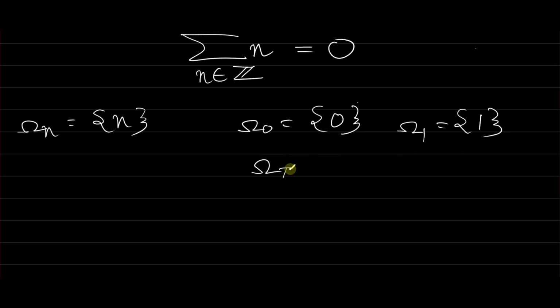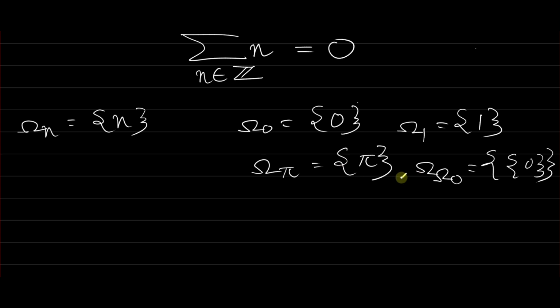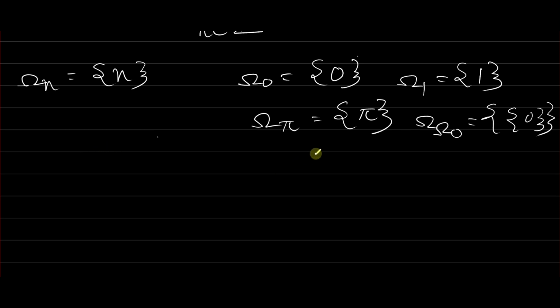Omega of pi is equal to the singleton set of pi. And we can do it in nested form also. Omega of omega of 0 is equal to the singleton set of the singleton set of 0. Looks good, doesn't it? I mean, you should use a lot of funky math notation anyway.